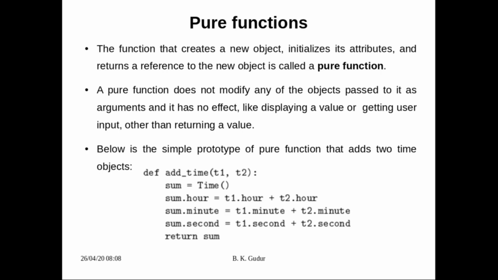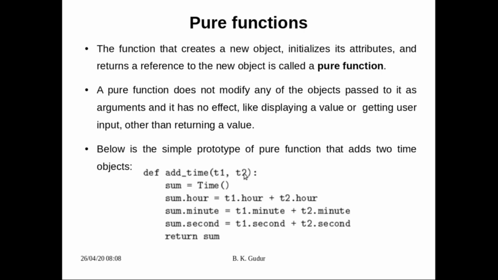It will return a new object, whereas it will not display anything and it will not modify the arguments that are passed to it. Okay, so below is a simple prototype of a pure function that adds two time objects. Say this is the definition where it is going to add two time objects, t1 and t2.